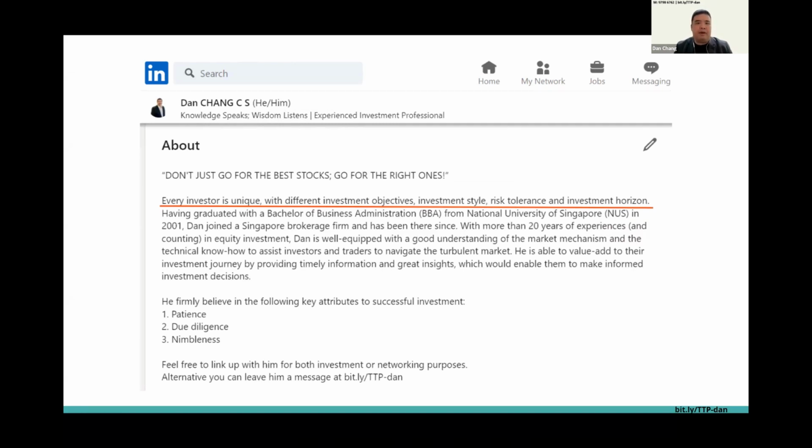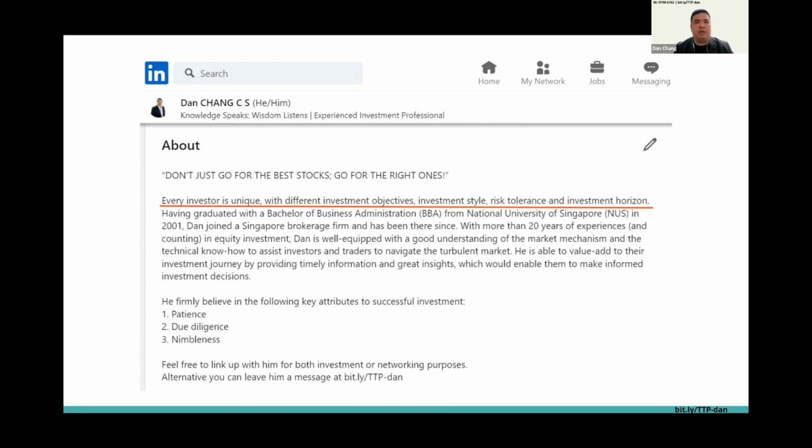Some can be aggressive, while others can be very passive or very conservative. We have different risk tolerance. A risk taker usually has a higher risk tolerance compared to someone more conservative, and we also have different horizons. So don't just go for the best stock or best trade plan. Always go for the right one, the suitable one.